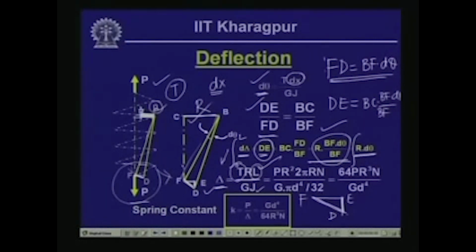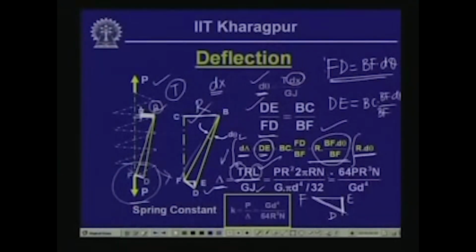Now, for a spring having a number of coils, if we take one such coil, which has a circular form with mean radius R, the length is twice pi R, and if we have n such turns, then n times twice pi R gives the total length of the spring. This is what is indicated here: L is equal to twice pi R times n, where n is the number of coils or turns in the spring.